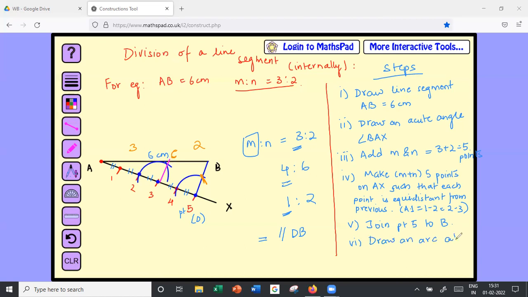Draw an arc at point 5. Measure angle A5B on compass, right? 7th one I'm writing here.